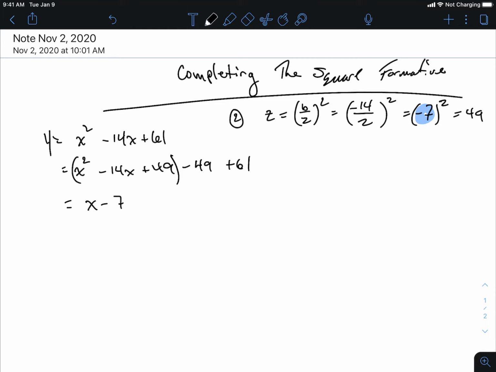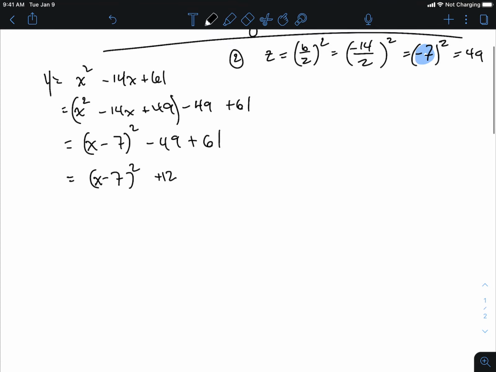So it's x minus 7 squared minus 49 plus 61. Was it plus 12? Okay. Now at this point you get to write your vertex. So the vertex is 7 and 12.